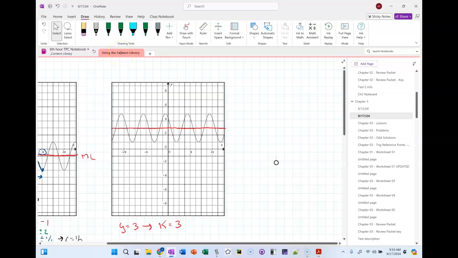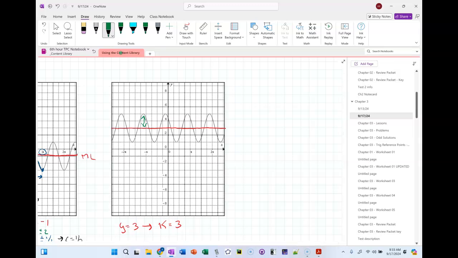Okay. Somebody else now. What's the amplitude going to be for this? Thanks, Kiara. She says 2 with a hand sign. So again, it can just be the distance from midline to an extrema. That's 2 units.